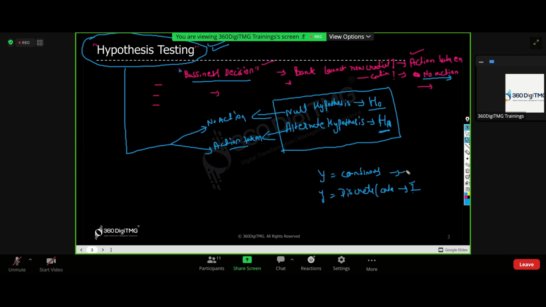So for different types of output data type, you will have different methods of hypothesis testing. That we will also discuss. There are two types of hypothesis, that is null hypothesis and alternate hypothesis.